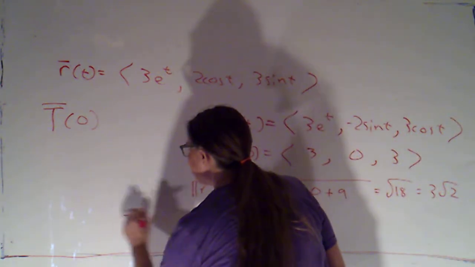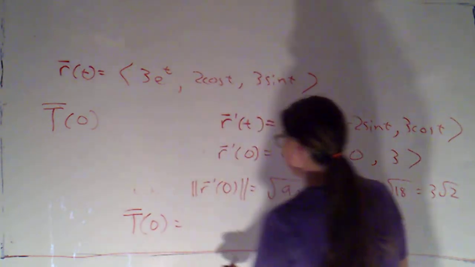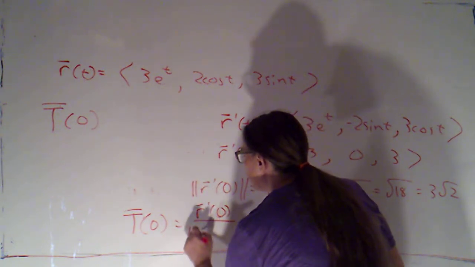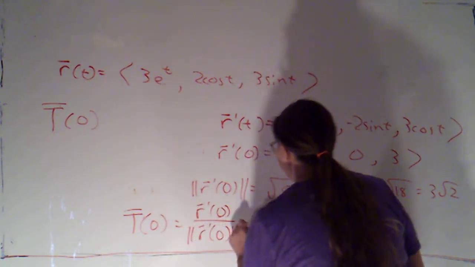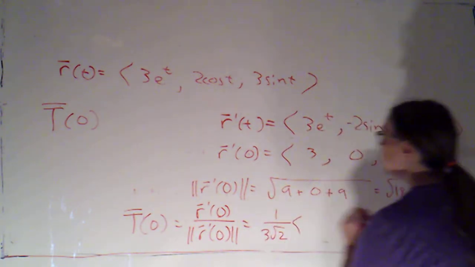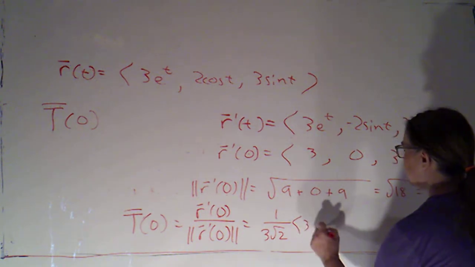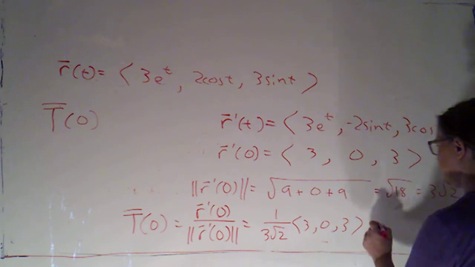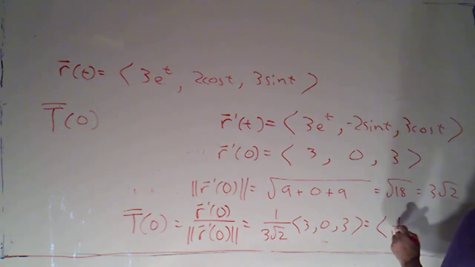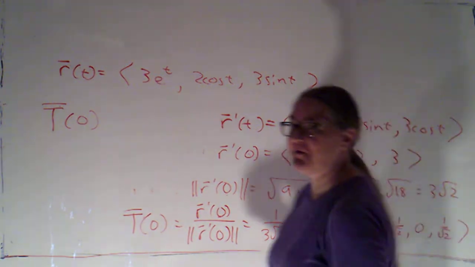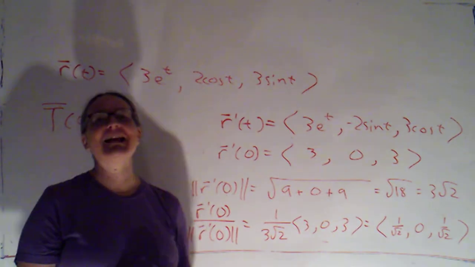And then T at 0 would just be r prime at 0 normalized. So that's going to be 1 over 3 root 2 times 3, 0, 3. And I'm going to go ahead and do that scalar multiplication. That's going to simply become 1 over root 2, 0, 1 over root 2. And it's a very quick check to confirm, if you want to, that that is in fact a unit vector.